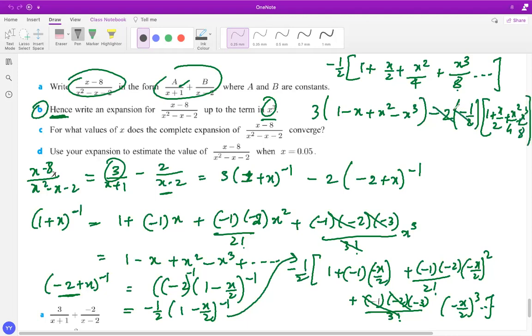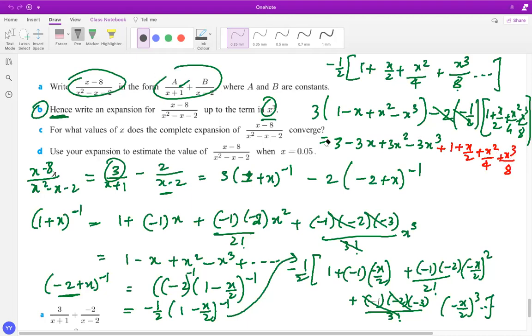Now this and this get cancelled, so actually it is now 3 minus 3x plus 3x squared minus 3x cubed, and my second bracket is positive 1 plus x over 2 plus x squared over 4 plus x cubed over 8.